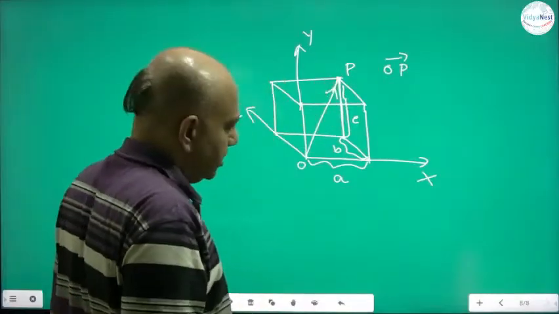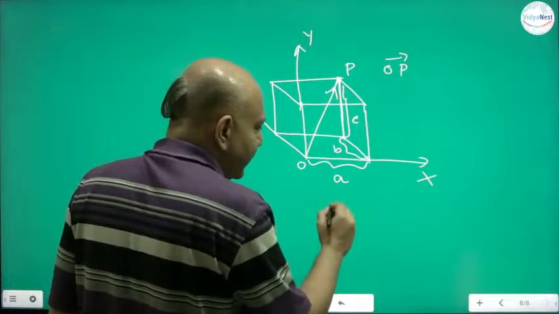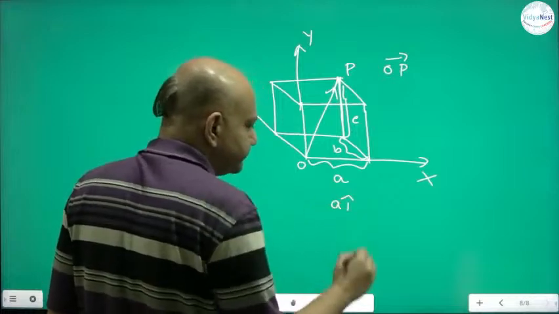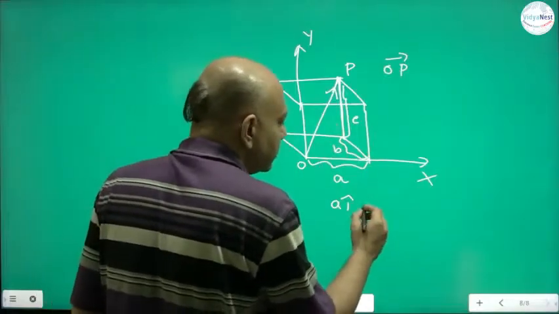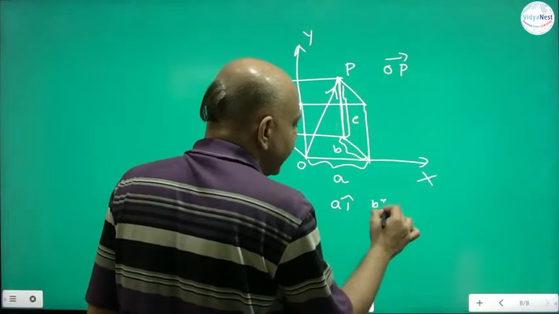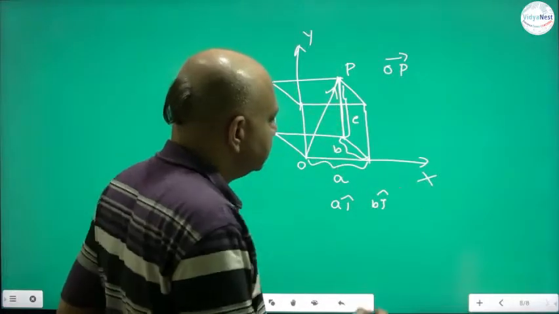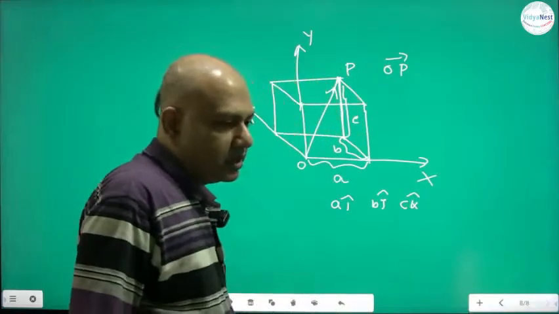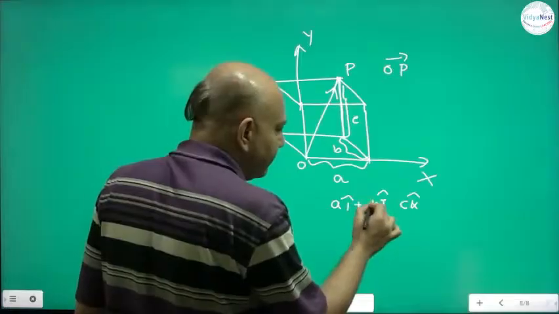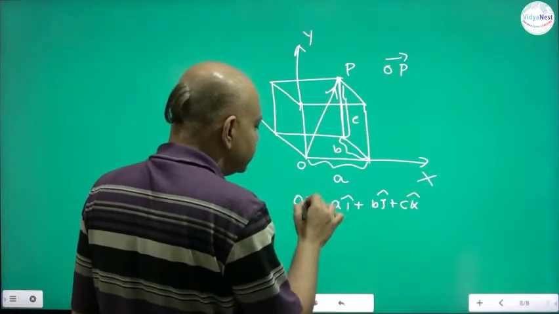Okay. So what is the vector along x-axis? A i cap. What is the vector along y-axis? B j cap. What is the vector along z-axis? C k cap, isn't it? So if I add A i cap plus B j cap plus C k cap, I get the OP vector.